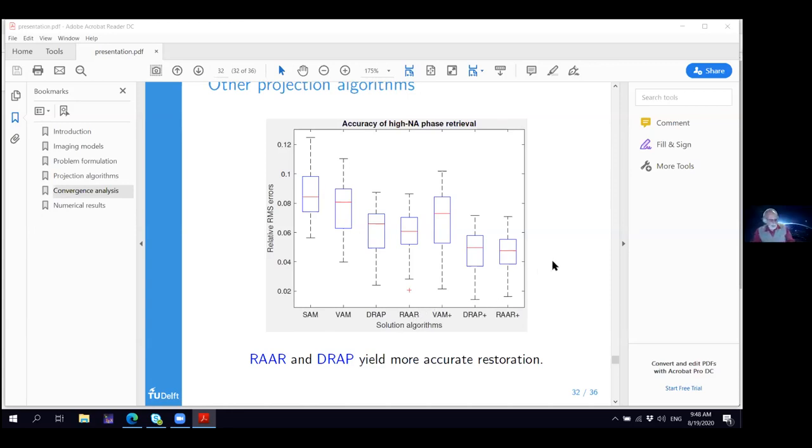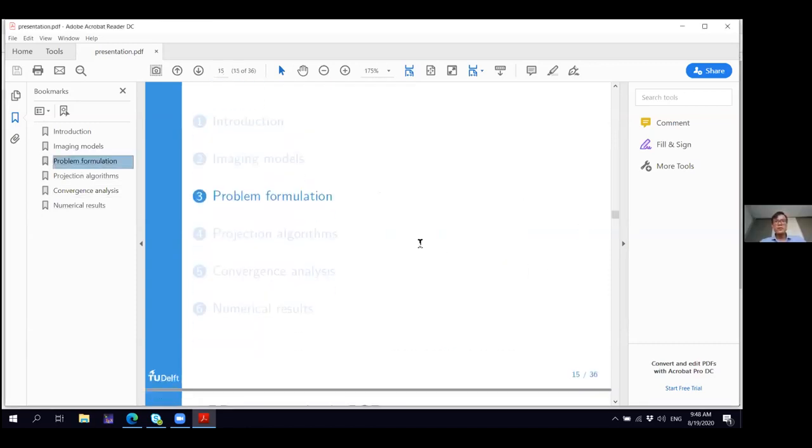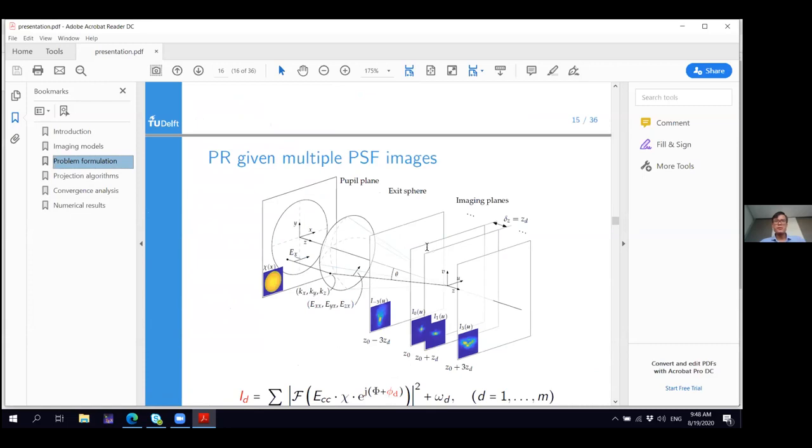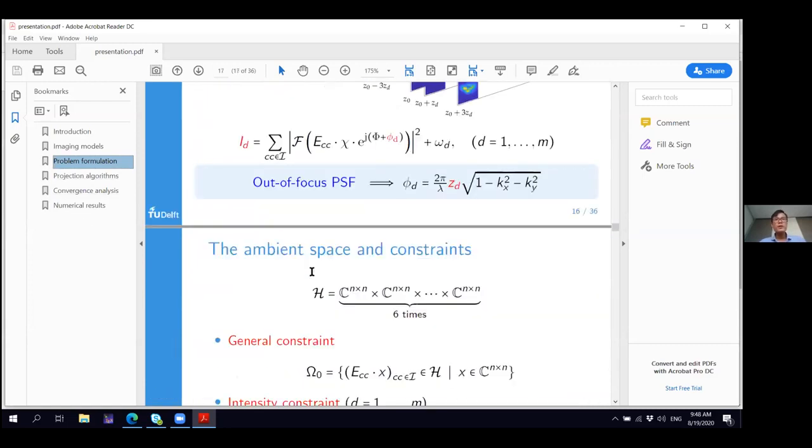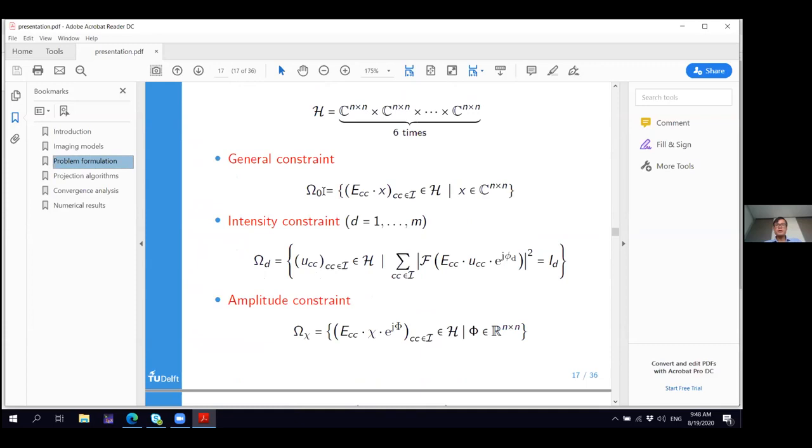We have many ways to formulate feasibility models of phase retrieval, because basically we want to find the intersection of the general constraint set and the intensity constraint set, and so we can formulate it as a multiple set feasibility problem or a two set feasibility problem.